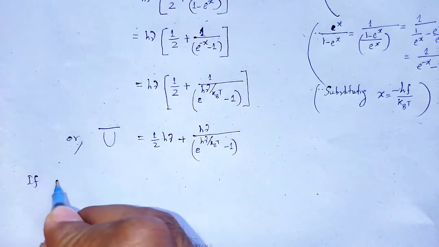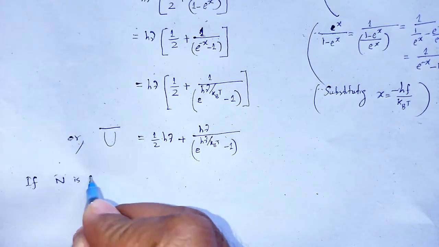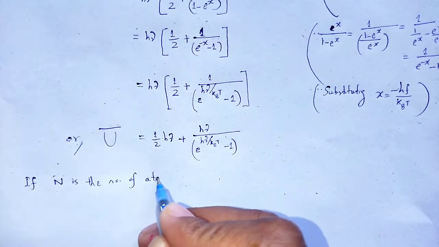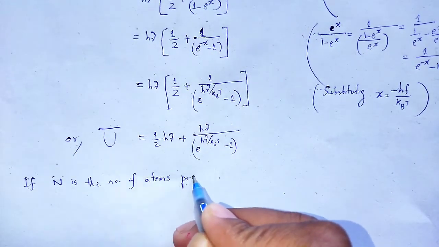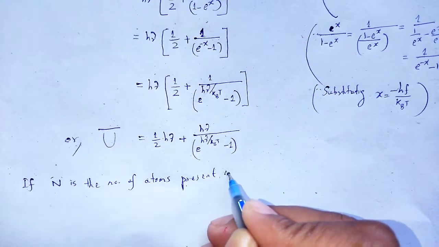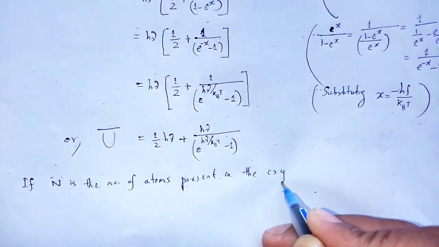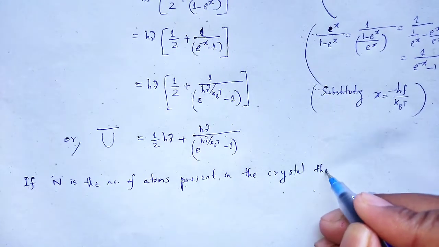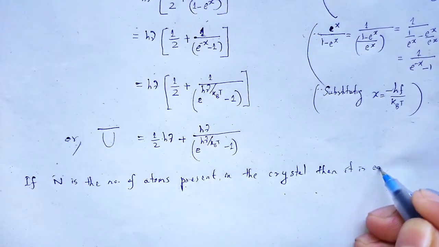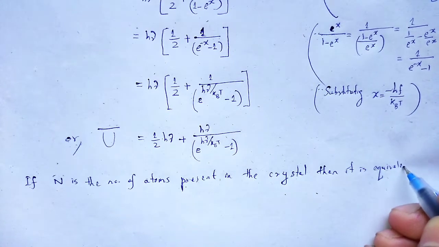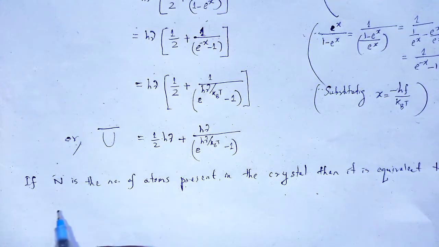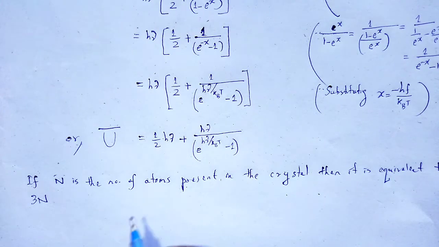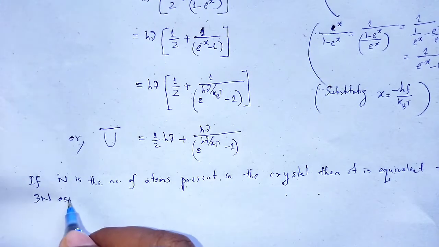If n is the number of atoms present in the crystal, then it is equivalent to 3n oscillators.